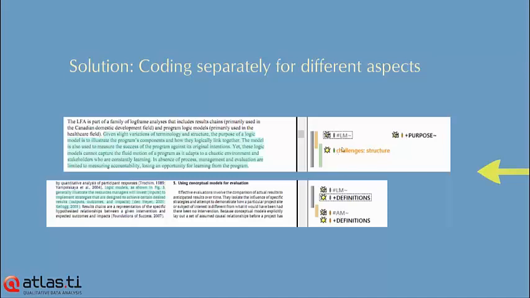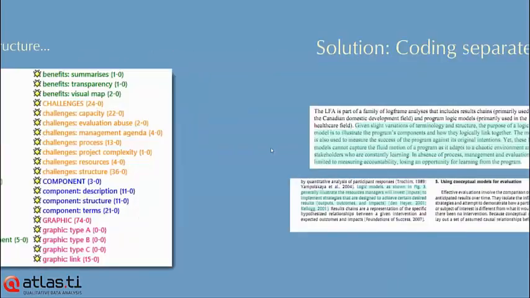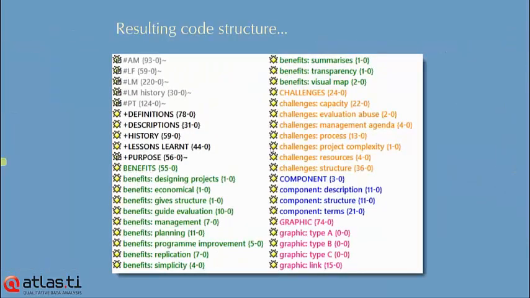Then we have challenges within that segment, and this occurs on the same segment, the definition of that AM model, if you click on here. Then we have another subsegment here, and its purpose within the LM model.